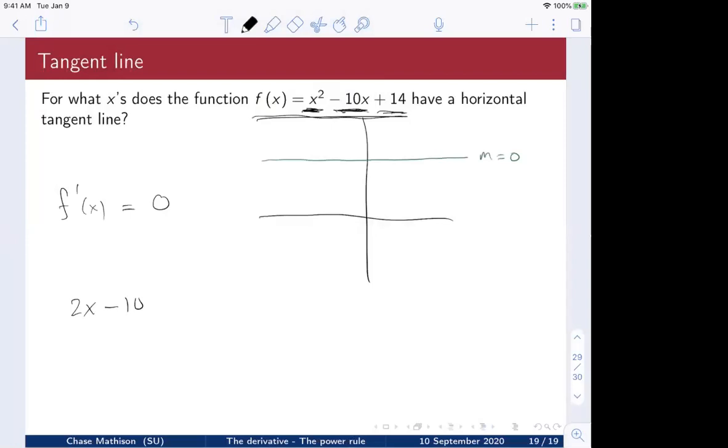So I get f prime of x is 2x minus 10. And then I want to set that equal to 0, because I'm finding where the tangent line has a horizontal slope. So what x value gives me a horizontal tangent line? 5. Perfect. You just add 10, 2x is equal to 10, and so x is equal to 5. That's the only point that gives us a horizontal tangent line.